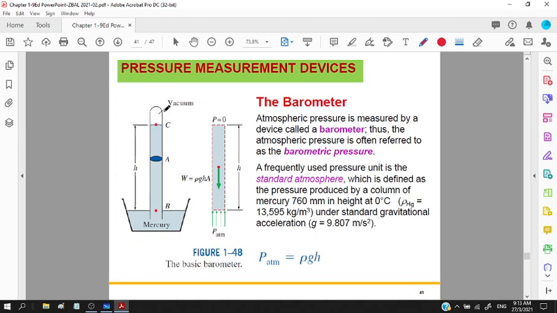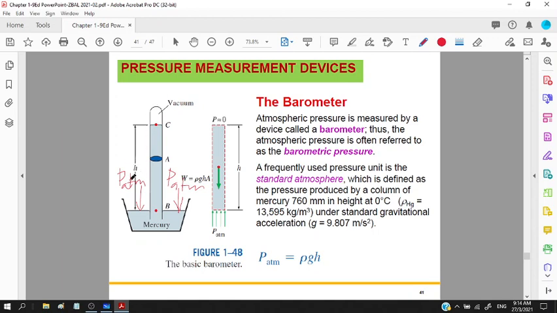So this vacuum, or the height of H, depends on the atmospheric pressure. This is subjected to atmospheric pressure, P atmospheric, and this is also P atmospheric. So when the P atmospheric is high, the volume of this vacuum becomes less, so the H will increase.